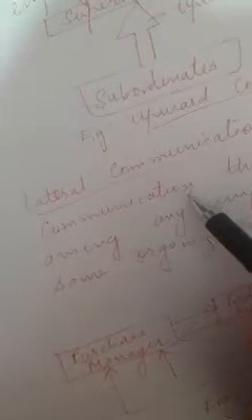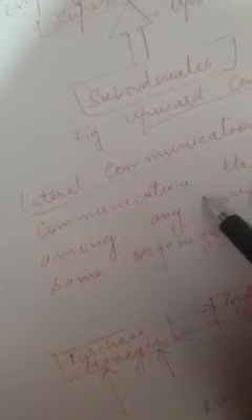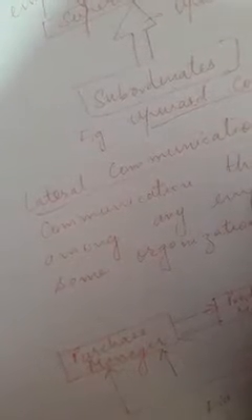And also assistant vice president plant 1, plant 2, and plant 3 can communicate among themselves because they are at the same position or rank in the organization.